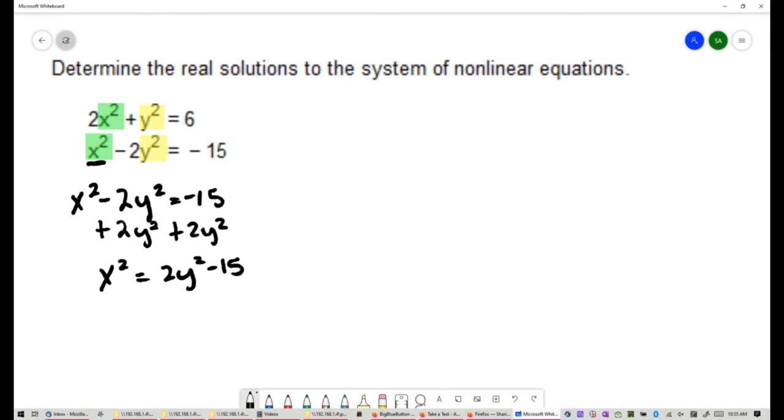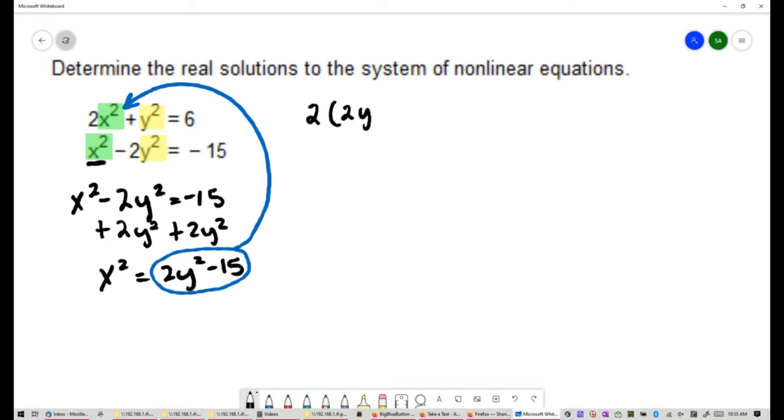So I've solved for x squared, and I'm going to substitute that into the other equation, into the x squared. That would give 2 times 2y squared minus 15 plus y squared equals 6.